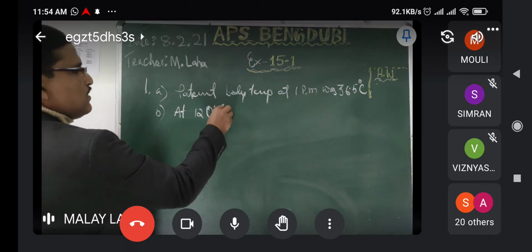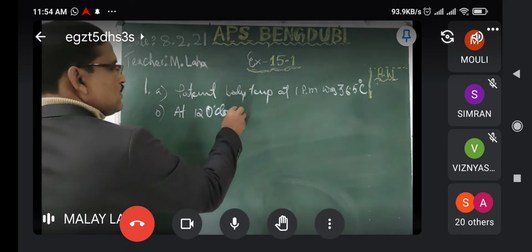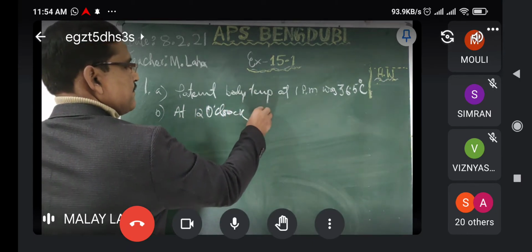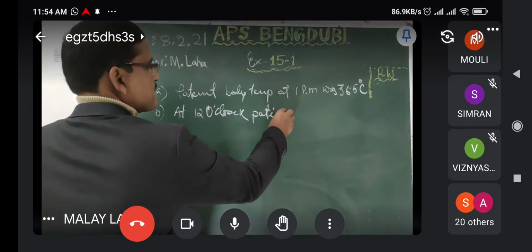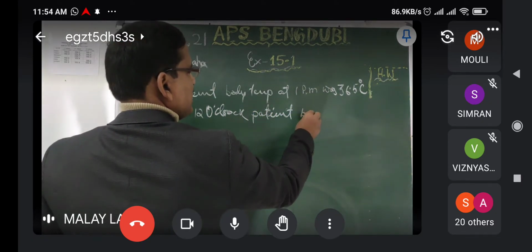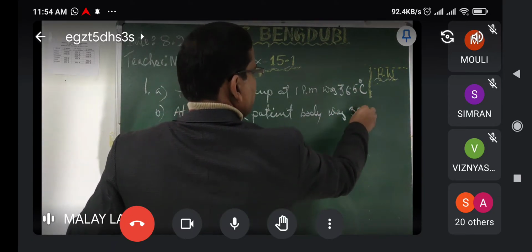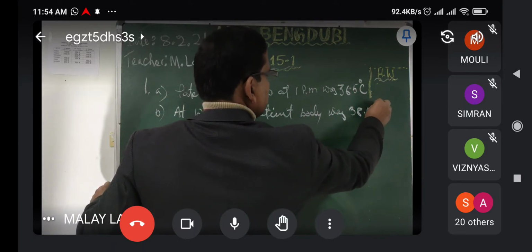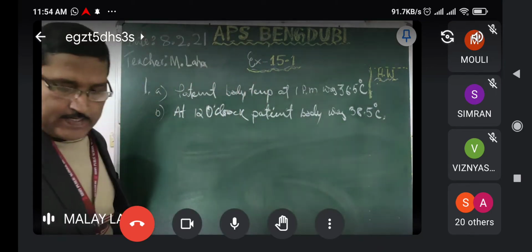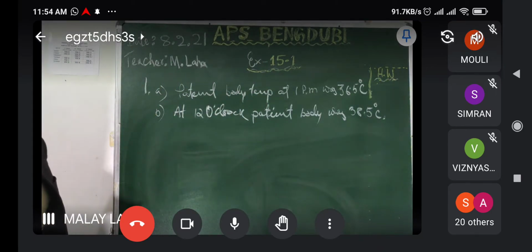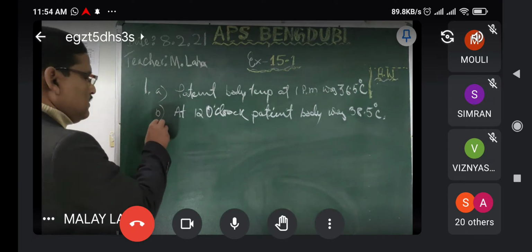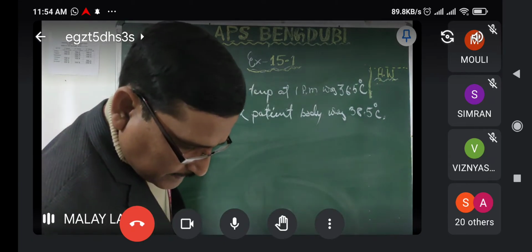At 12 o'clock, the patient body temperature was 38.5 degrees C. So when a graph is there, you see the graph and answer it. Very simple type of question. No need to draw the graph.